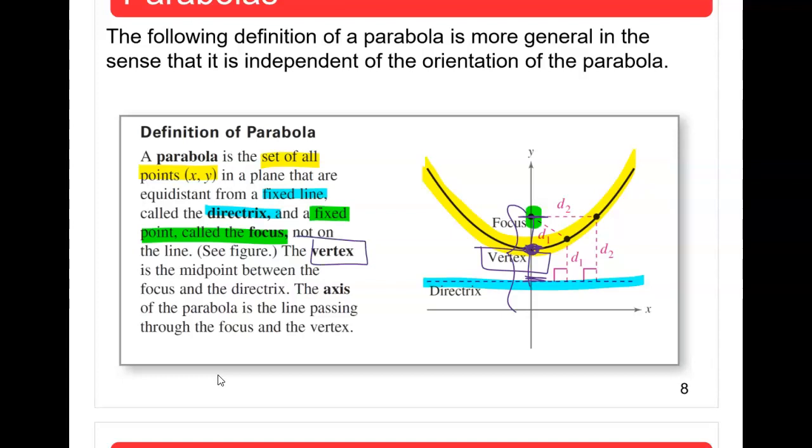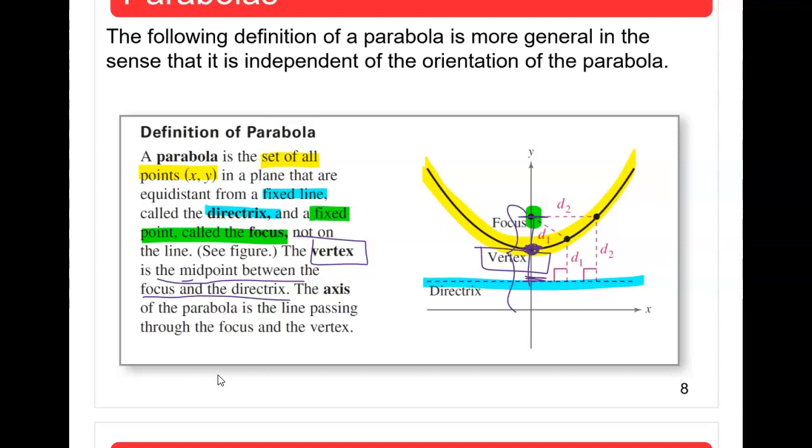I think you were already familiar with it, but please add this to your knowledge: the midpoint between the focus and the directrix. Sometimes you might be given the equation of the directrix and you have to figure out where the vertex is, or you may be given the focus and find where the vertex is, or any combination like that.